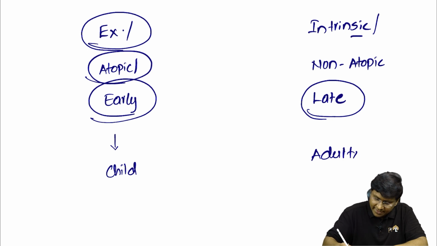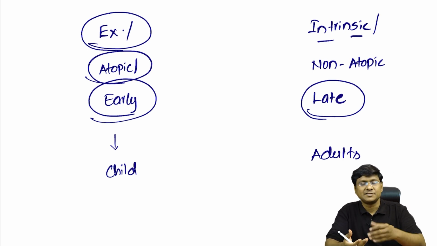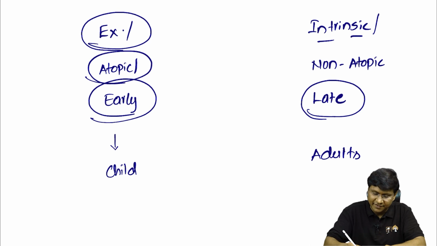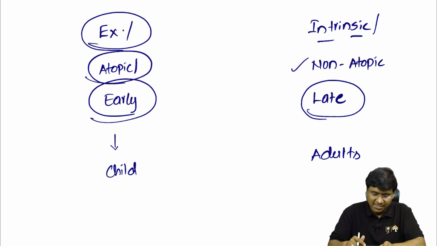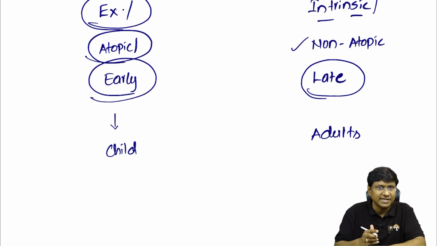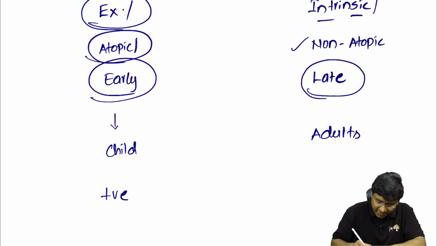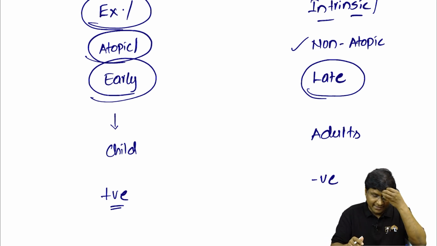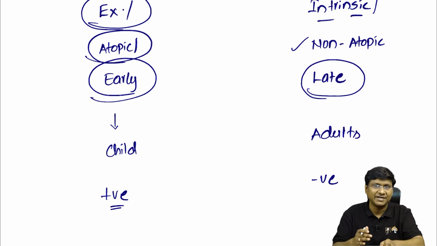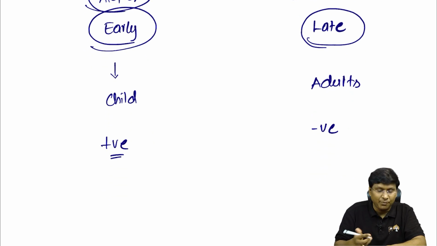Intrinsic asthma is usually observed with infection and is non-atopic, meaning the external allergen has no role in its development. In extrinsic asthma you have a positive family history, whereas in intrinsic asthma there is no family history. And in extrinsic asthma, the external allergen has an important role.